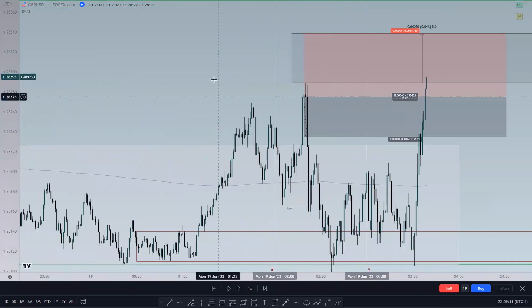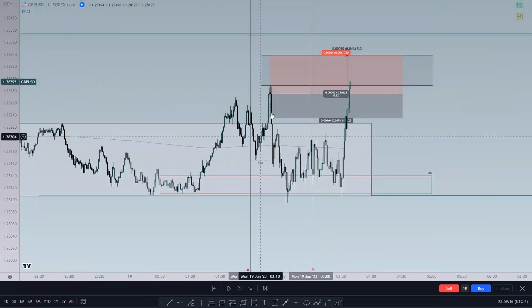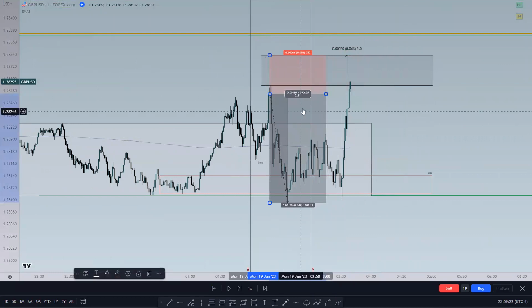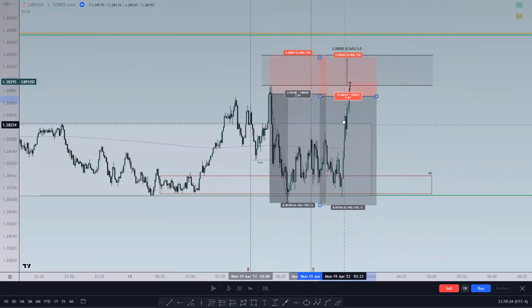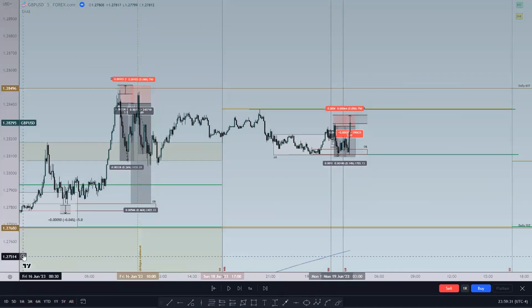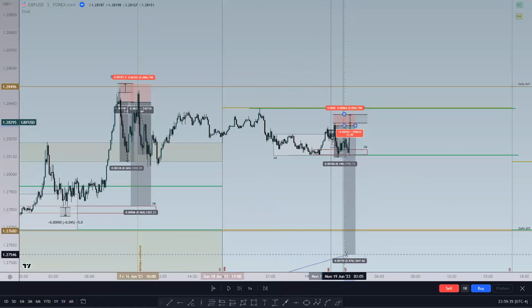In terms of profit targets, the first profit target is the recent low down here, and the second profit target will be where the 800 EMA is positioned on the 5 minute time frame. So it's two very good areas to aim for.